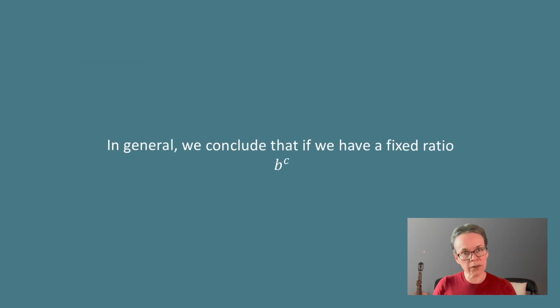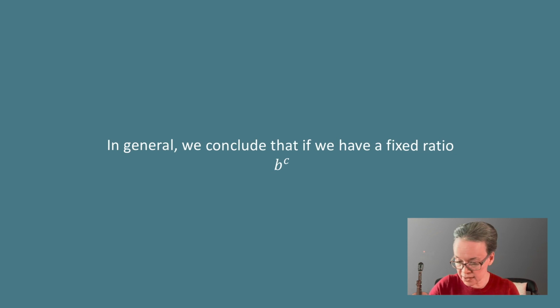So now to put things into perspective, to generalize what we just discovered. In general, we conclude that if we have a fixed ratio, b to the c, obviously when dealing with exponential functions, so this is clearly all assuming that the model is an exponential model. So if we know that there is a fixed ratio of b to the c, and remember, c is telling you that's how many steps you are skipping.